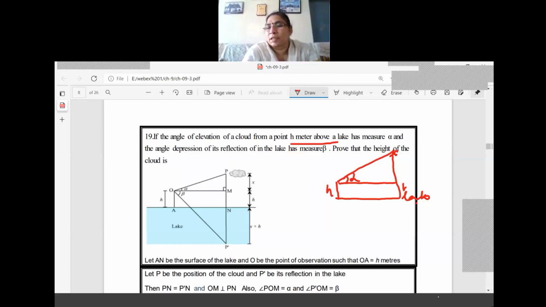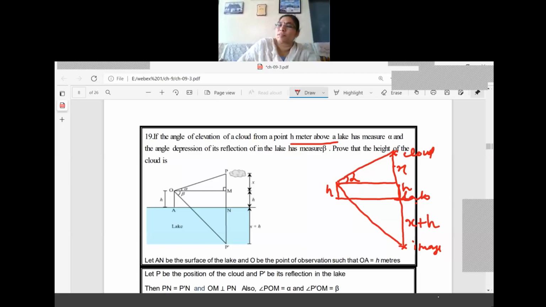Here h, and the remaining distance we have taken as x. Now the cloud is the object, and we form its image here. The angle of depression from this point is beta. So the distance between the lake and the image will be x plus h.